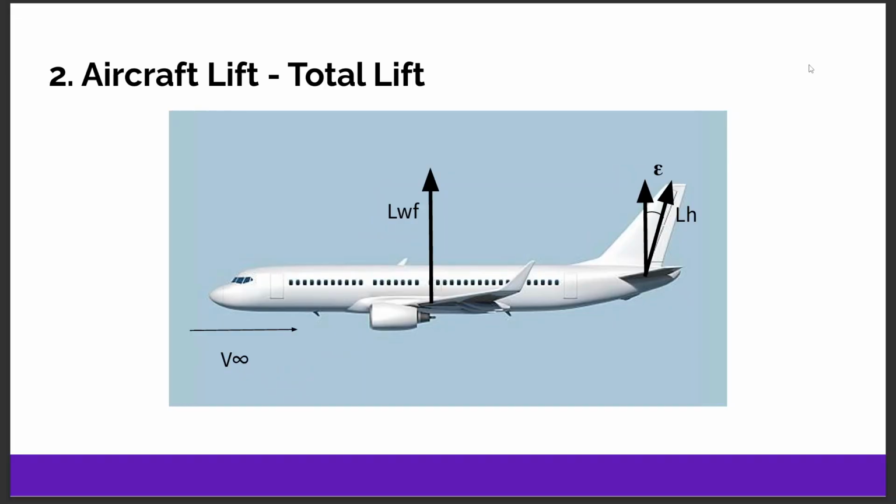So the book actually makes a simplification, and that simplification is that alpha can be considered to be very small or negligible, and that means that the lift of the main wing is considered to be equal to the vertical component of the lift of the main wing. And for the tail, you would have to multiply the lift of the horizontal stabilizer times cosine of epsilon.